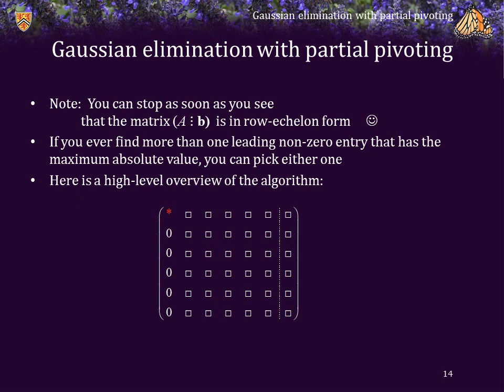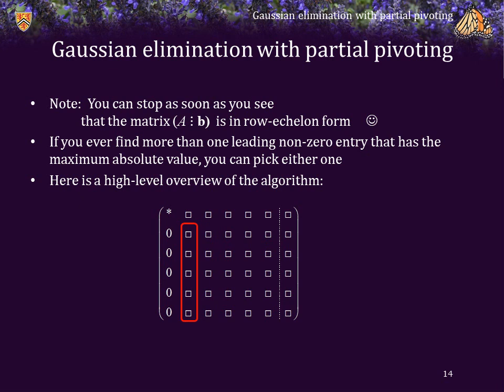Okay, so now the next step. Going to the next row, we check all the leading non-zero entries. Of course, row 1 can no longer have a leading non-zero entry in column 2 because we already have a leading non-zero entry in column 1.